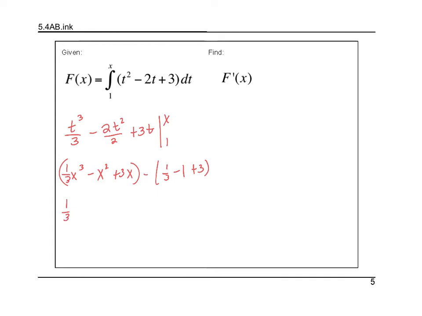So 1/3 x cubed minus x squared plus 3x, and the constants would simplify to minus 7/3. And this is my big F. The problem says find big F prime.